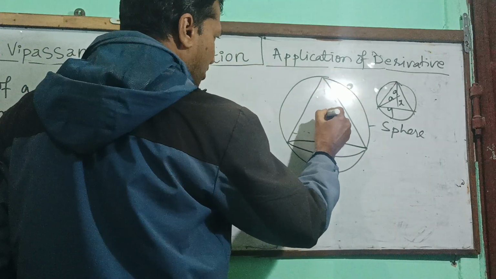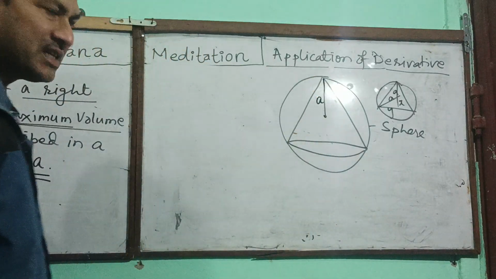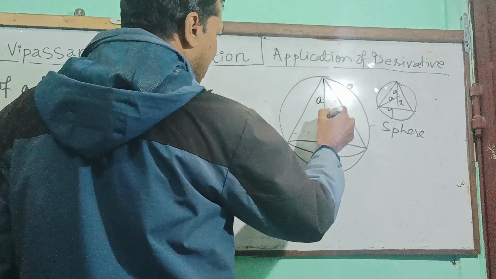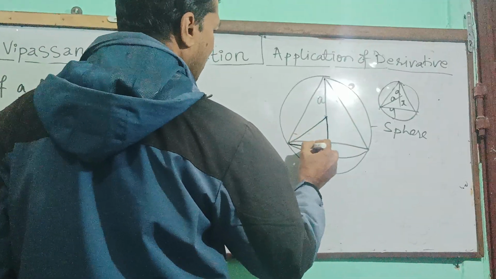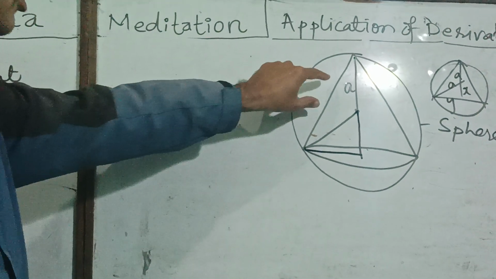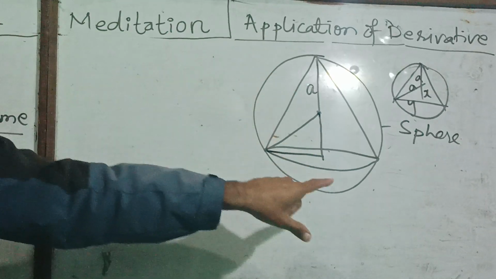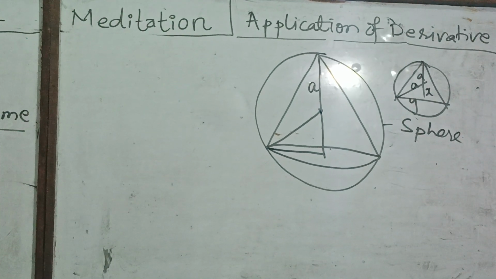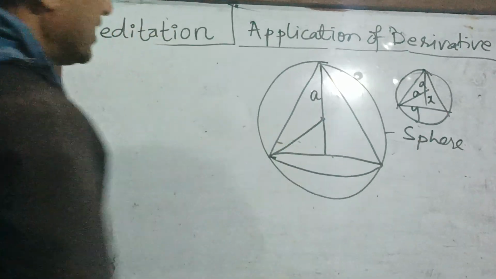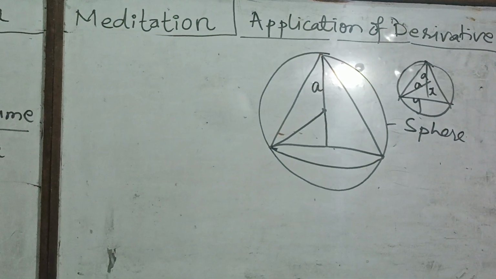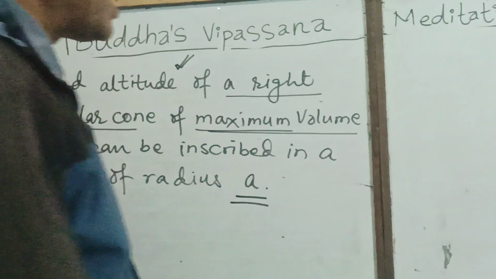What is given is that the radius of the sphere is A. So this is one cone that is inside a sphere, and the radius of the sphere is A. We have to find the altitude of the right circular cone.